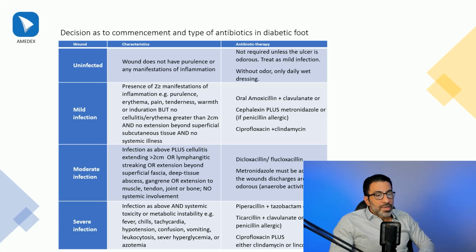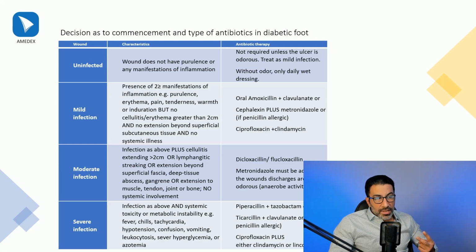Or induration, it's hard. Okay, so we're going to repeat that together again, just to make sure that you understood. Manifestations of inflammation are purulence or secretions, erythema or redness, pain, tenderness, warmth, or induration.